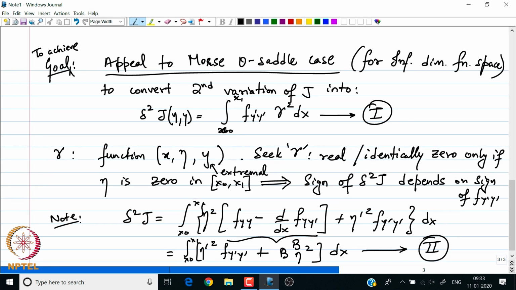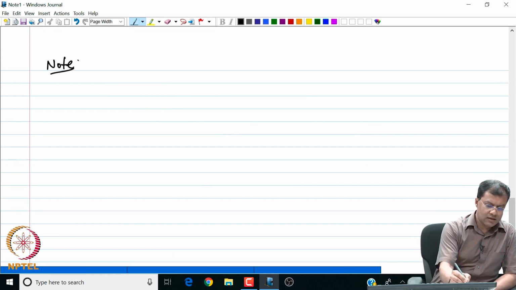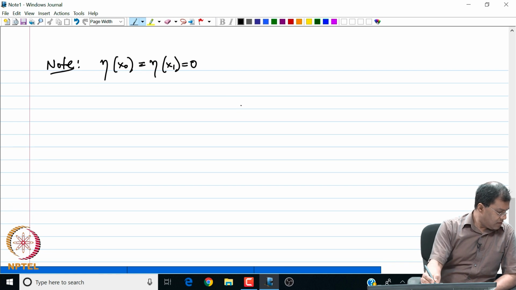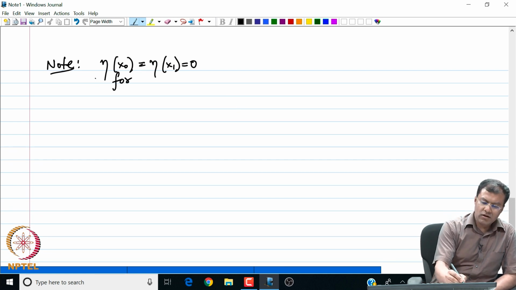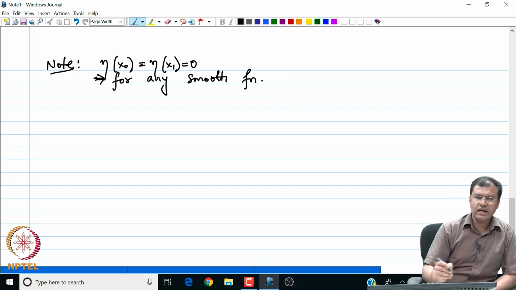Now I am going to do a small trick. Note that eta vanishes at the boundary, since eta is a perturbation. This observation implies that for any smooth function, all I need is the continuity of the function, and later on we will also see we need differentiability, at least first order differentiable.